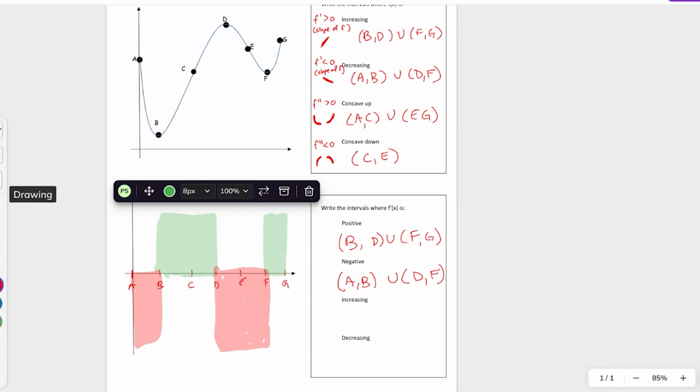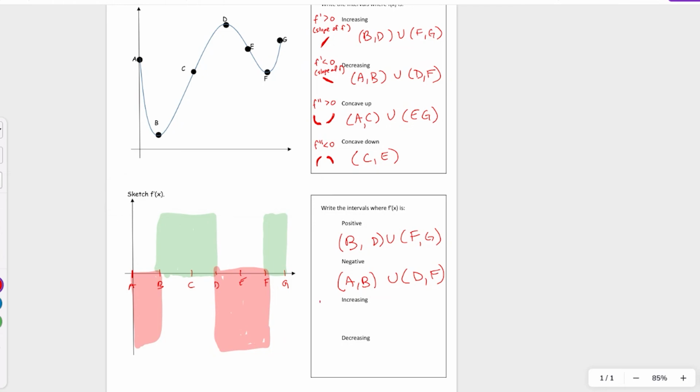Okay, so what's positive? If F prime is increasing, the slope of what? Of F prime. Well, what's the slope of F prime? F double prime. So if F prime is increasing, then F double prime must be what? Positive. So if f prime is increasing, f double prime must be positive.